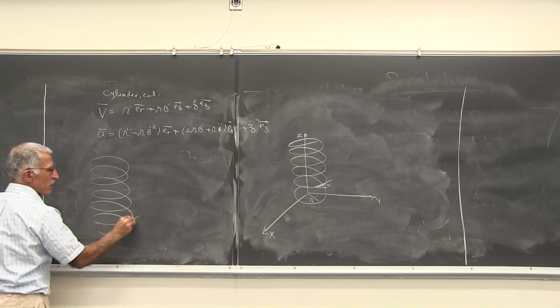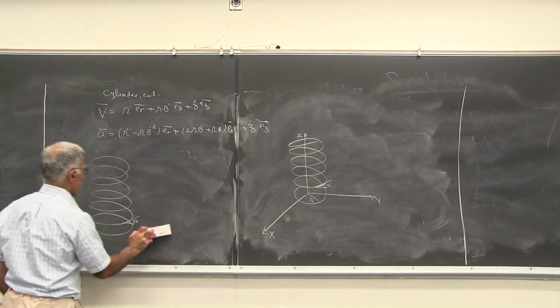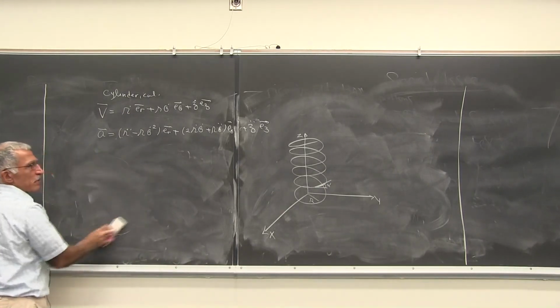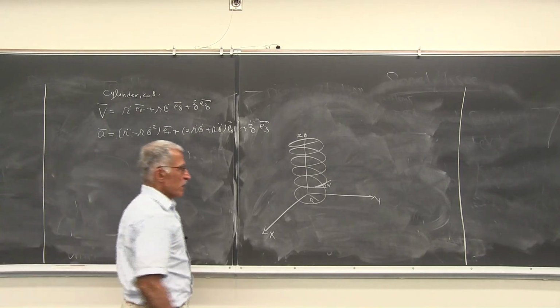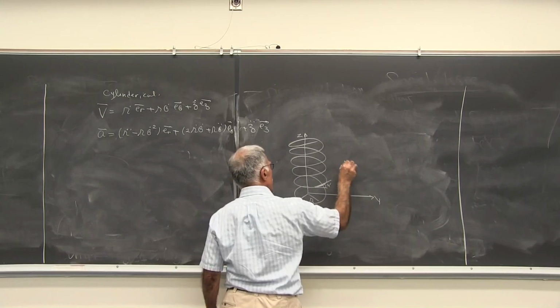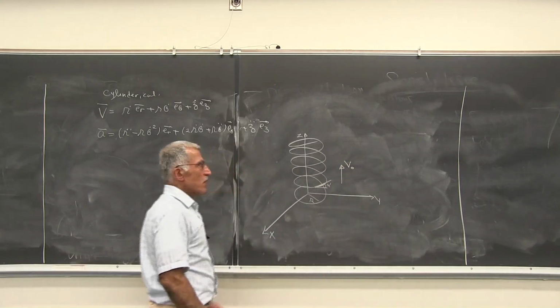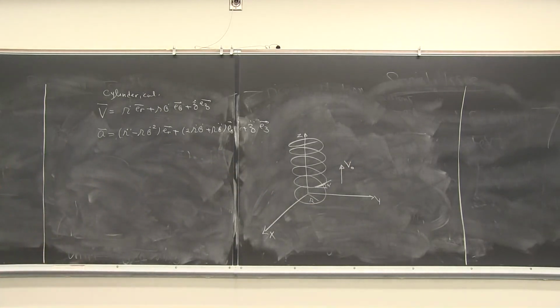This angle is alpha, and the radius of this spring is R. So something is going around this spiral, going up with a constant velocity V0. It is going up along that spiral with a constant velocity.